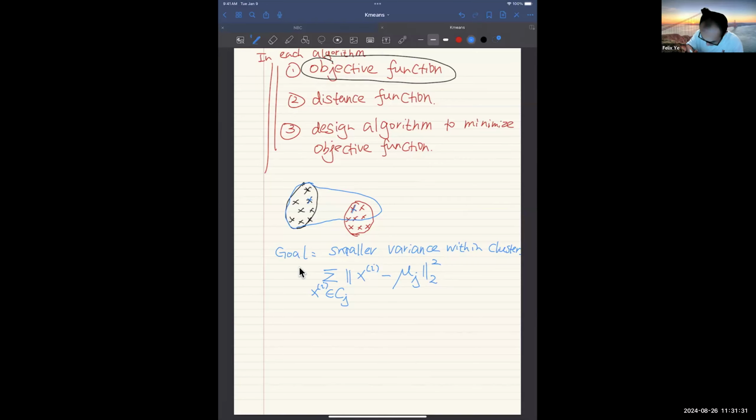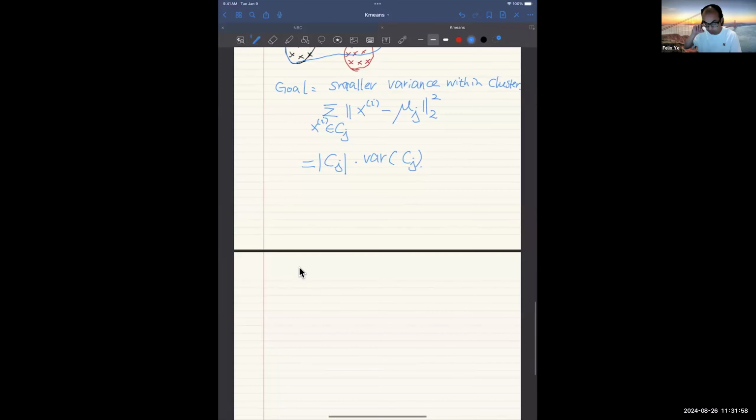So this is equal to the cardinality of the members in this cluster, C_j, times the variance of C_j. The variance is basically the squared distance after subtracting the mean. And this mean right here is defined as follows: it is 1 over the cardinality of C_j times the sum of the positions of the members, which is basically the mean of the positions.